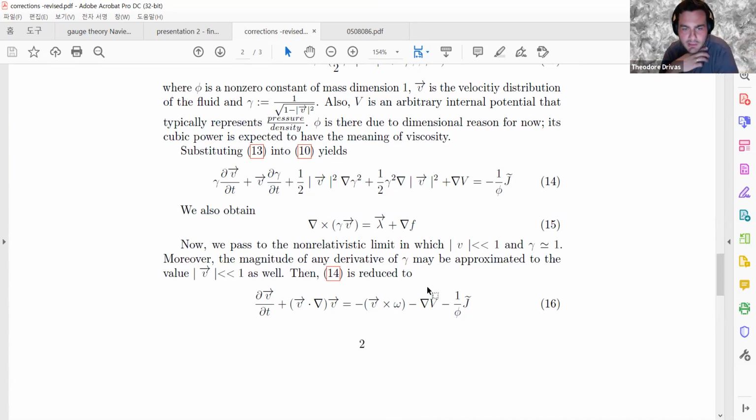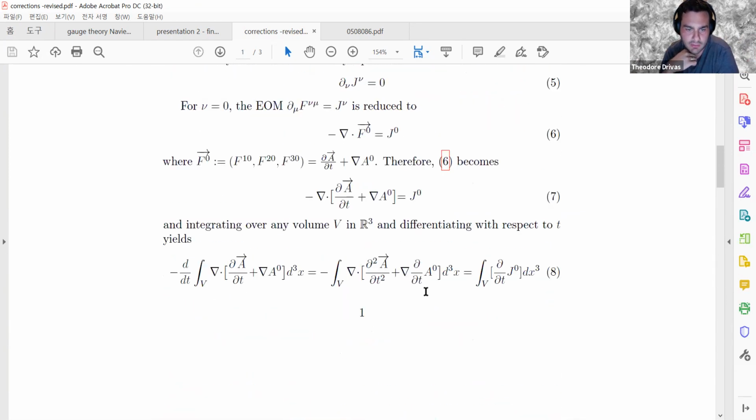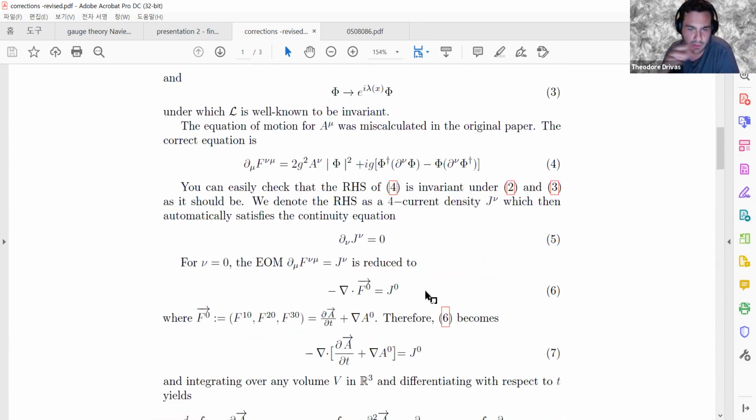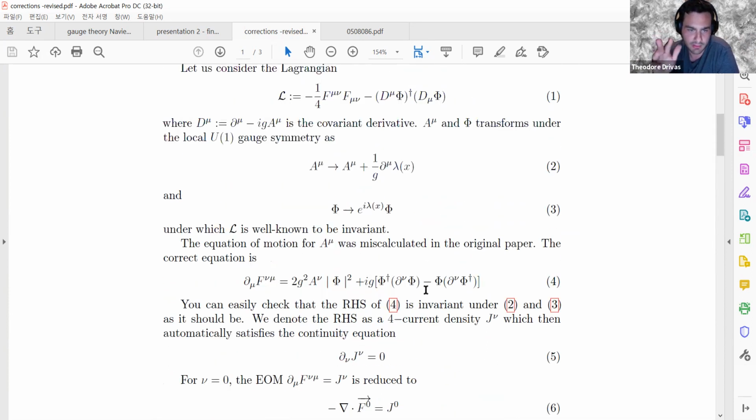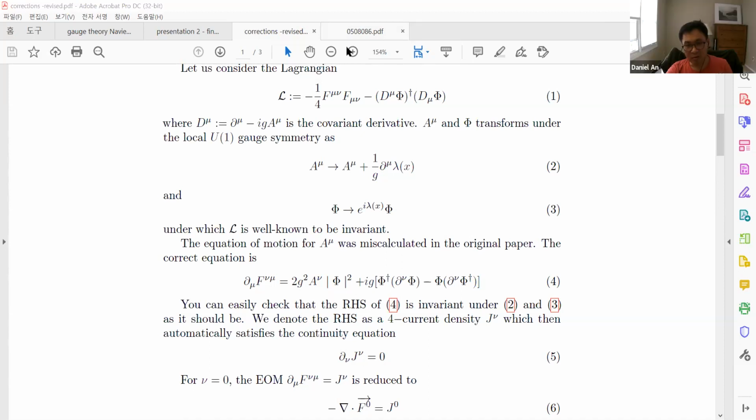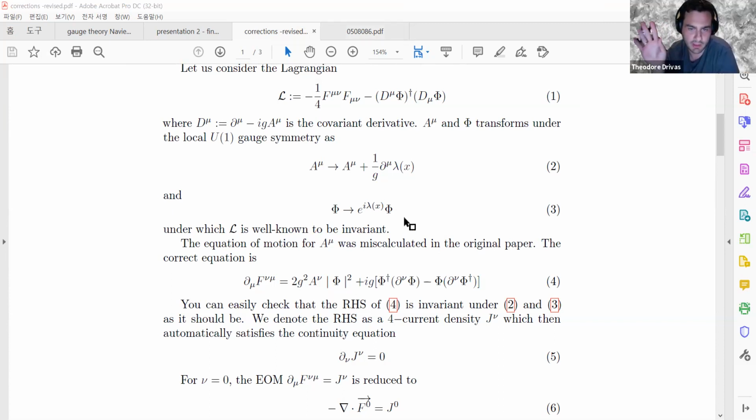If you look at the original action, if you don't subject it to any constraints, then the action is quadratic in A, right? F mu nu is d mu A nu, so it's quadratic in A. I can forget about phi because I don't want to think about external fields.